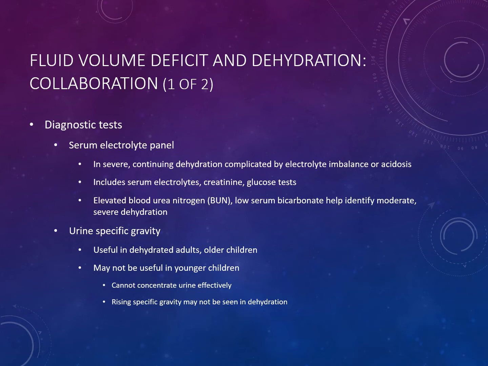Diagnostic testing. Before we go to that, look on page 380 and 381. On 380, it shows you the multi-system effects of fluid volume deficit. Please read over that. I just basically mentioned all of them, but this is a good picture where it's all consolidated into one area. And then fluid volume deficit and dehydration, the clinical manifestations. Again, all of these were mentioned in the concept on fluid and electrolytes.